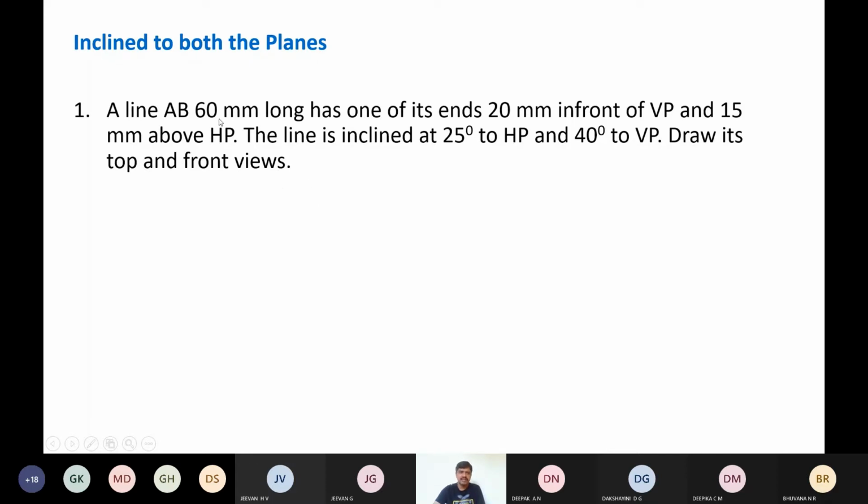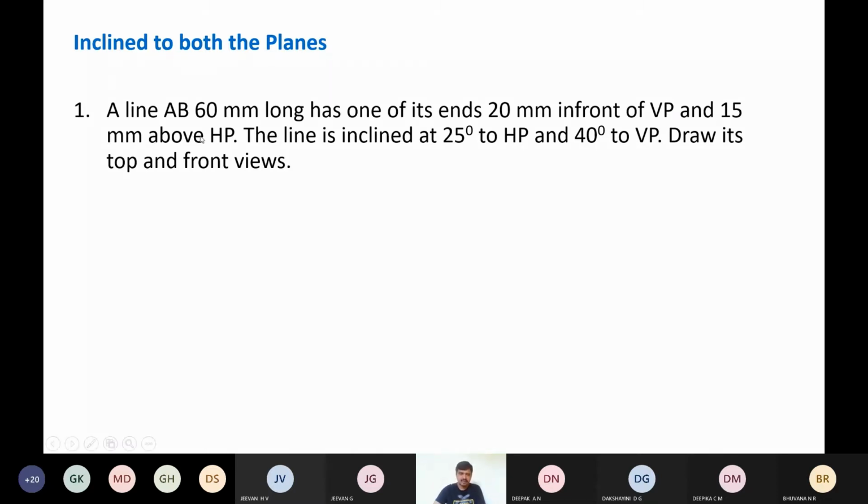A line AB 60 mm long means it is the true length of the line. True length means, if a line is parallel to a plane of projection, you can see its true length on that plane. Otherwise, you are going to see its apparent length.